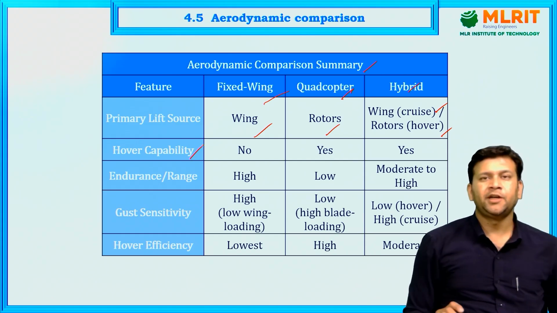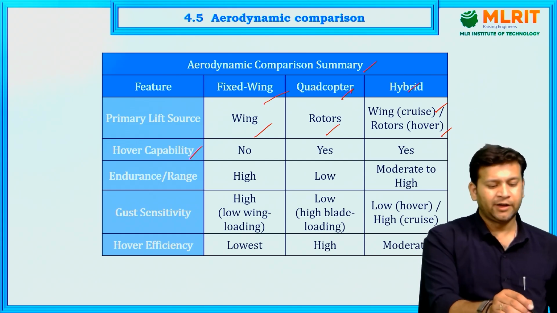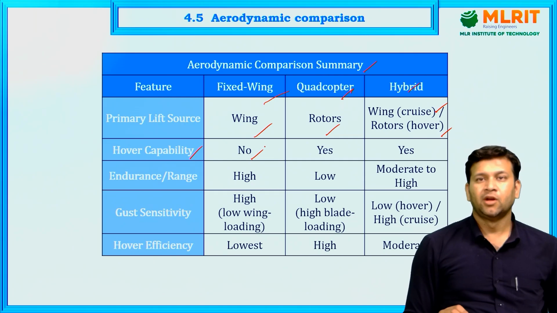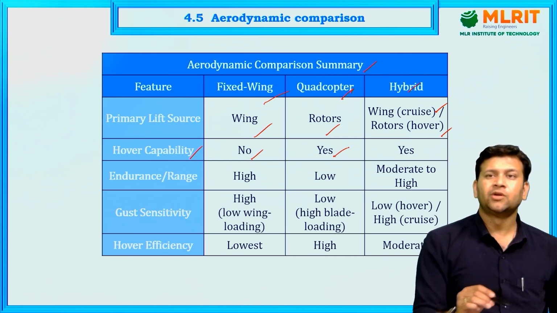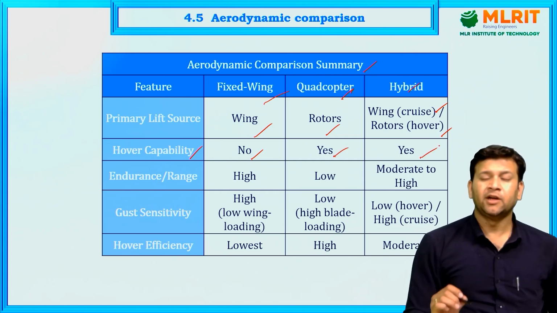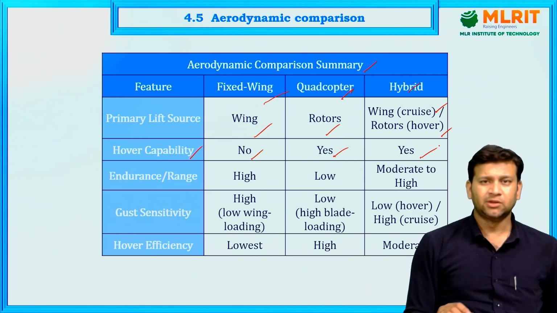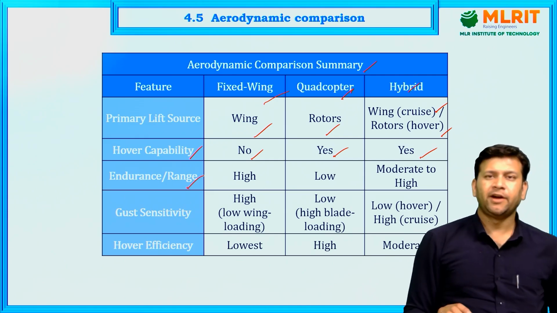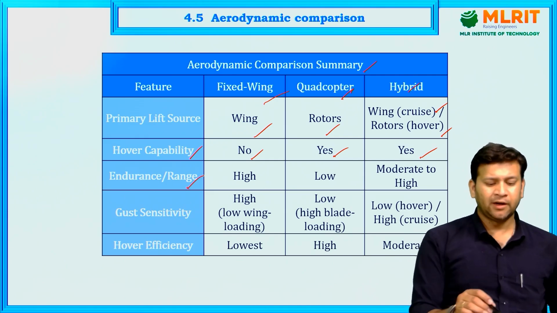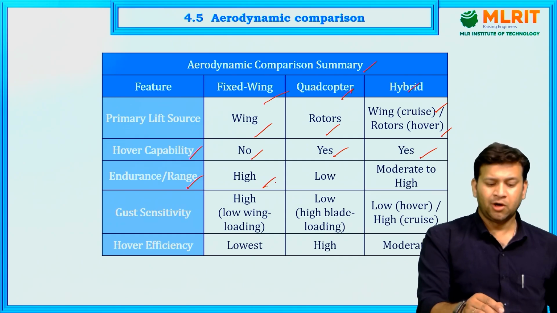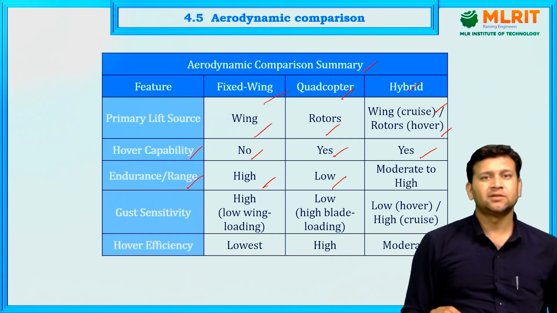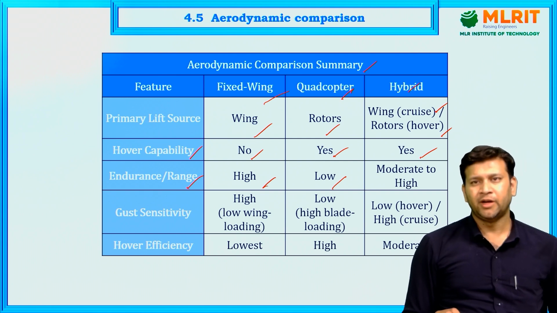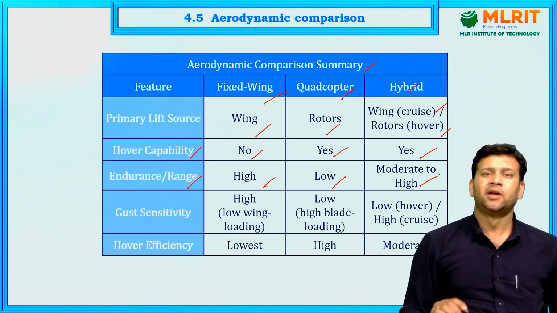Hover capability for a fixed wing unmanned aerial vehicle is no. Quadcopters can hover. Hybrid unmanned aerial vehicles can also hover. Endurance and range of fixed wing unmanned aerial vehicles is high. Quadcopters will have less endurance and range compared to fixed wing, and hybrid unmanned aerial vehicles will have a moderately upper hand in endurance and range.